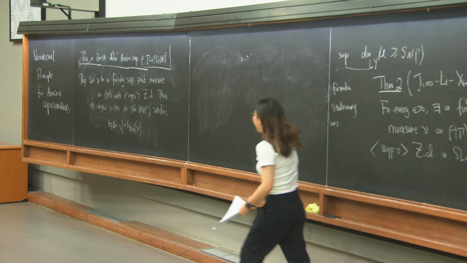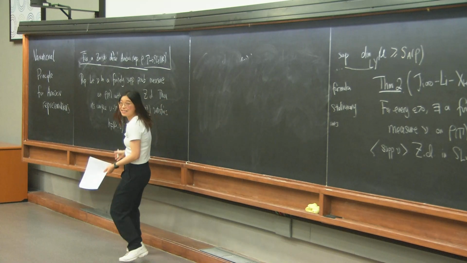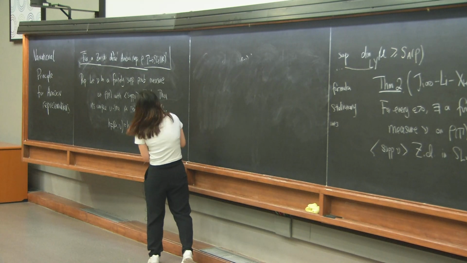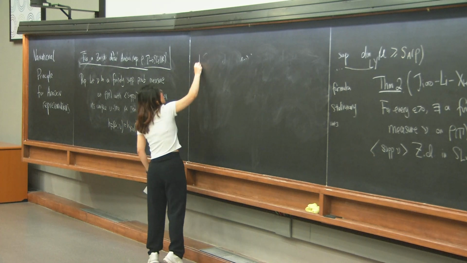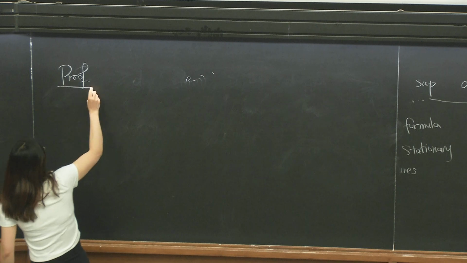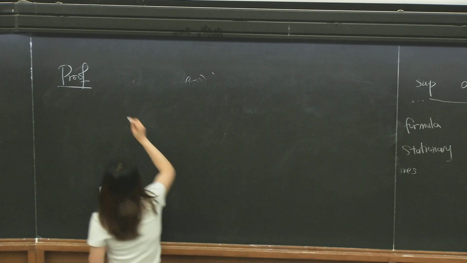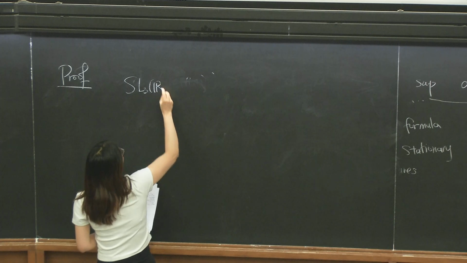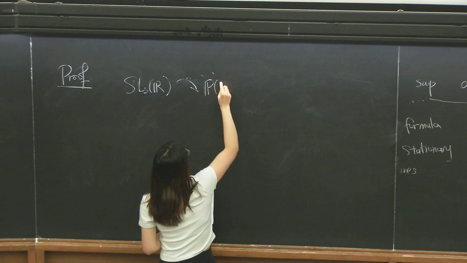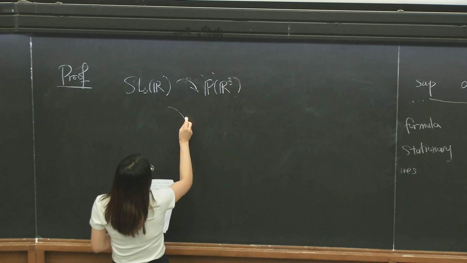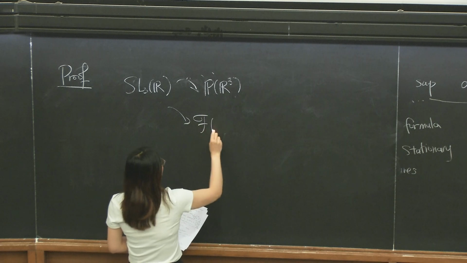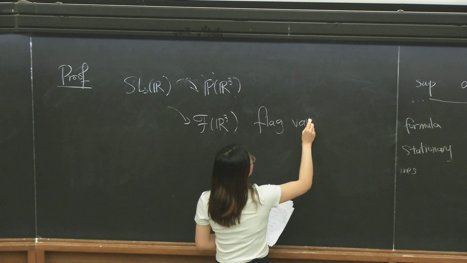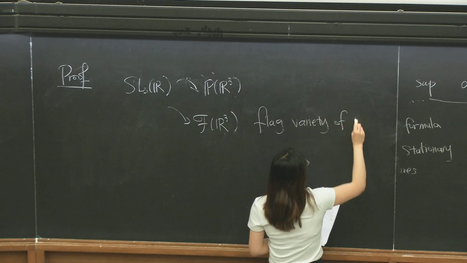Actually, part of the proof has been described in Jalen's talk, but let's just recall and see what the remaining ingredients are. Proof. We consider the action. Here we have two actions. One is SL3R acting on PR3. And the other one is the action on the flag variety of R3.